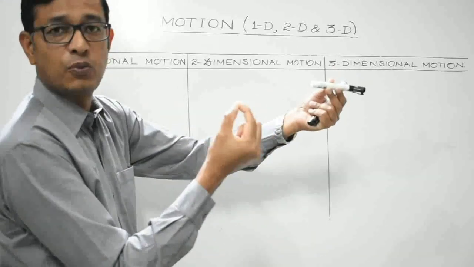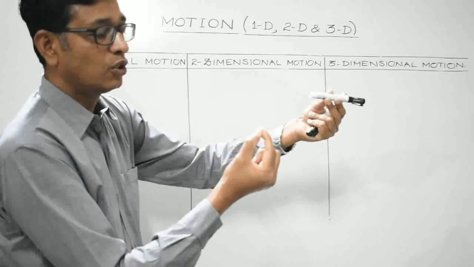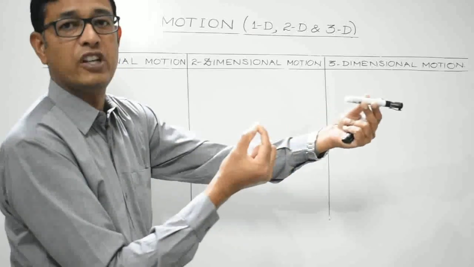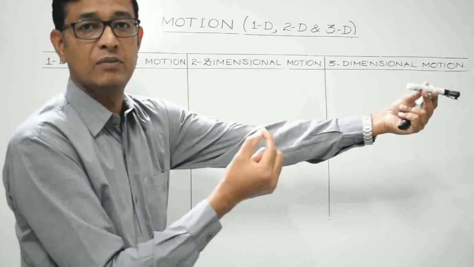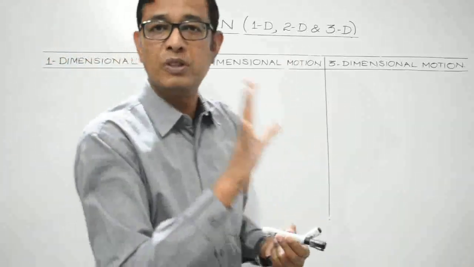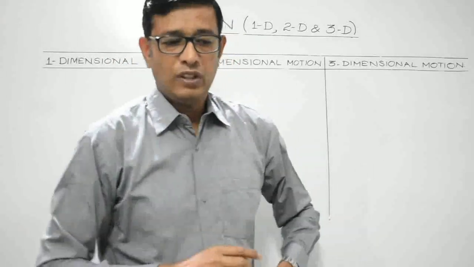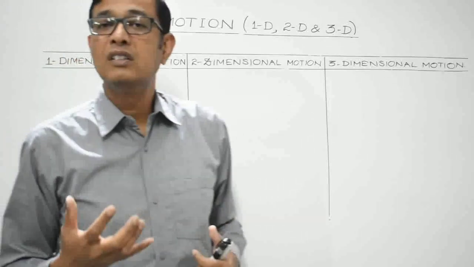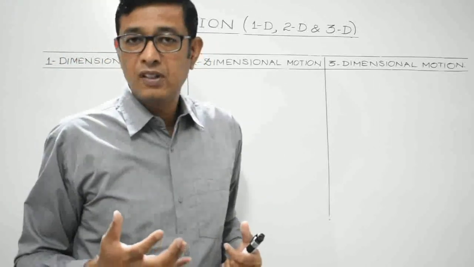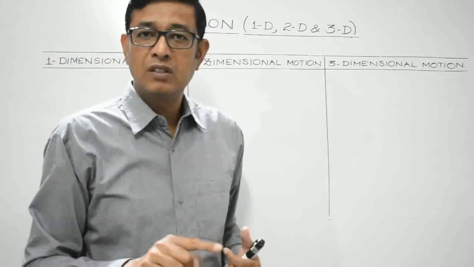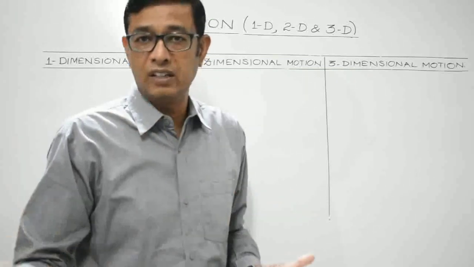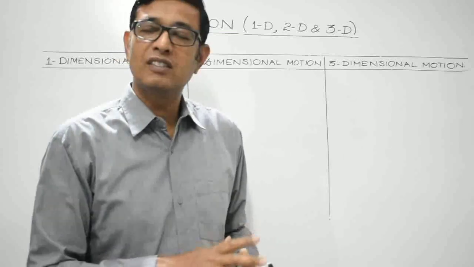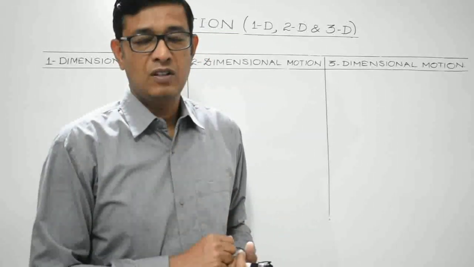This is the reference point, or rather the observation point. So, with respect to this point, the position of this moving object is changing with the passage of time. In that case, this body is said to be in motion. So, to define motion: a body is said to be in motion if it changes its position with respect to its surroundings with the passage of time.